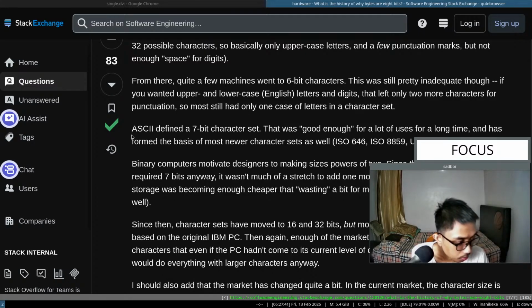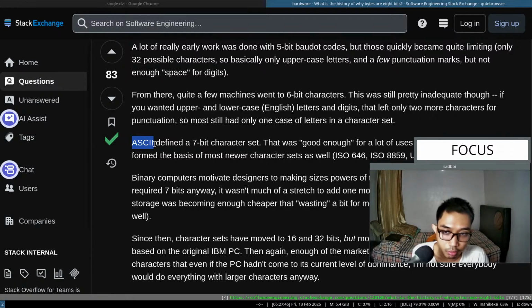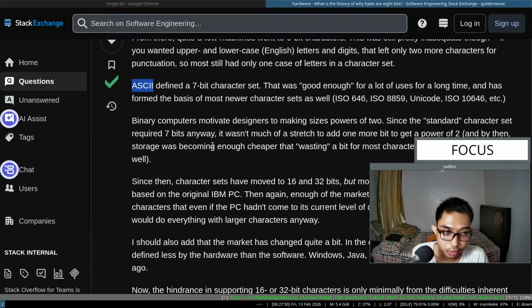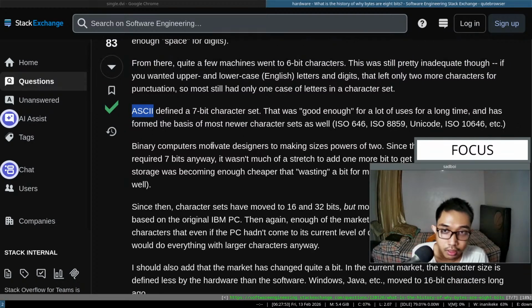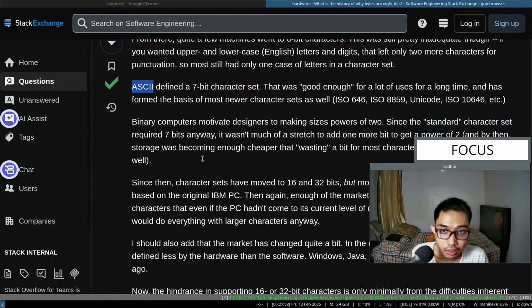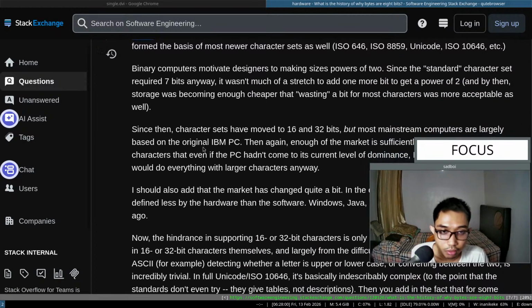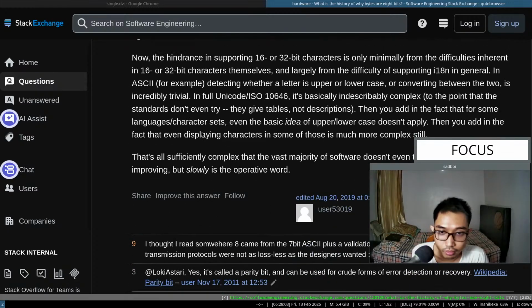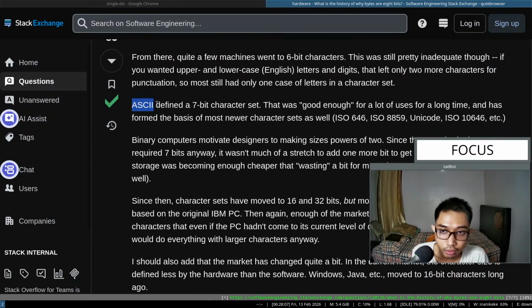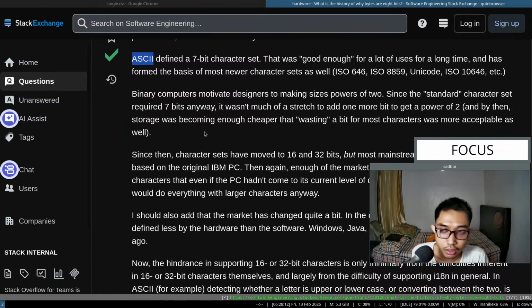So most likely, for the question of why a byte is exactly 8 bits on most systems, it's because of the ASCII standard. I mean, there are other machines that don't have 8 bits for 1 byte, but most systems following the ASCII standard have 8 bits as 1 byte.